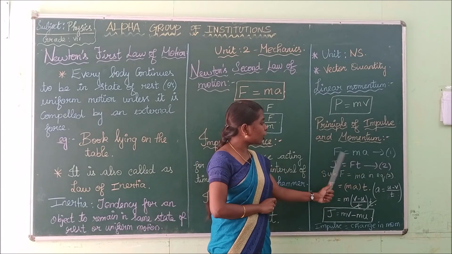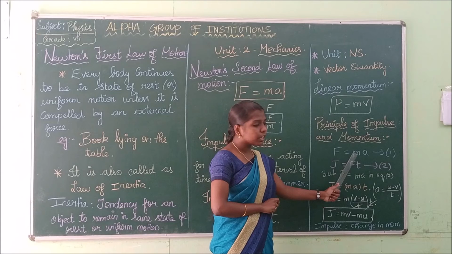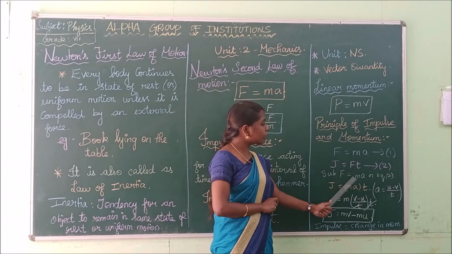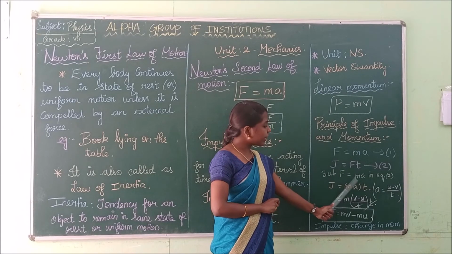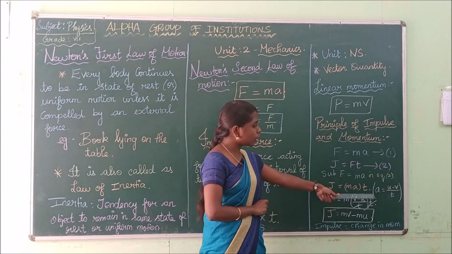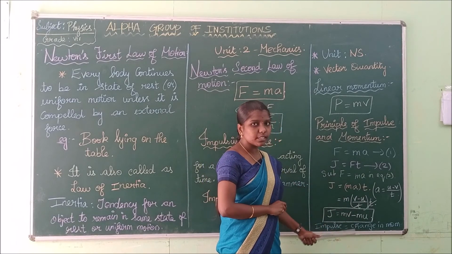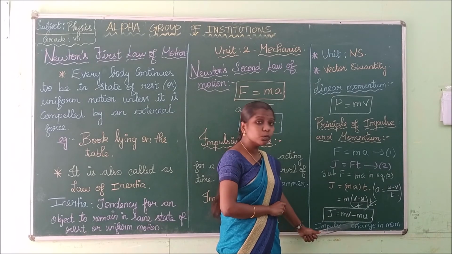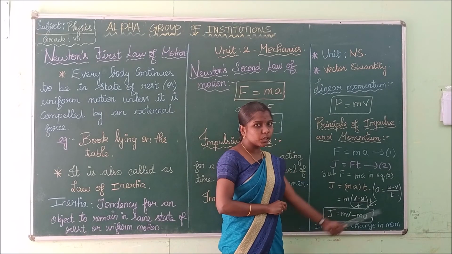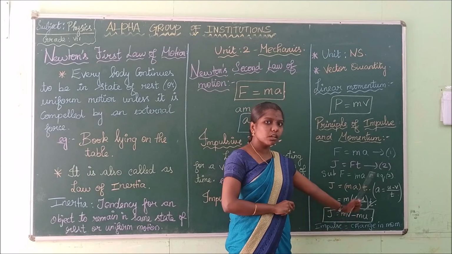I am substituting the value for F in the formula for impulse. J is equal to ma into t. A is your acceleration, which is equal to v minus u by t. This t and this t will get cancelled. So J is equal to mv minus mu. Impulse is equal to change in momentum.